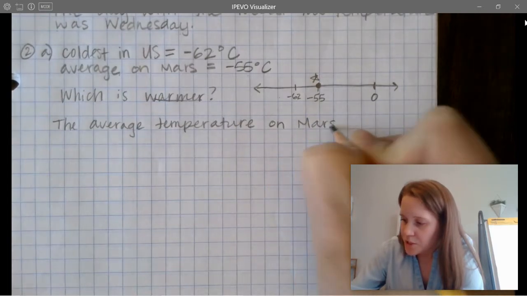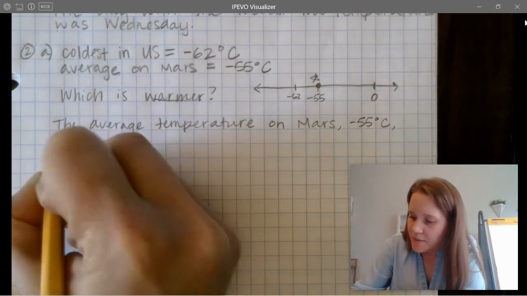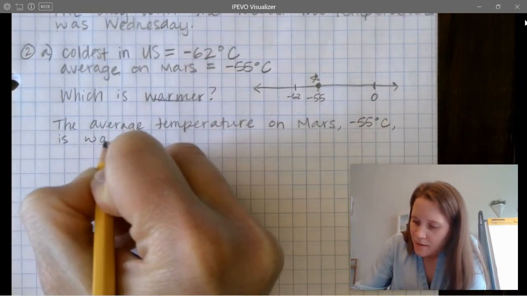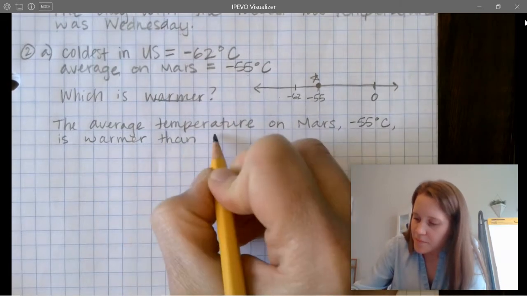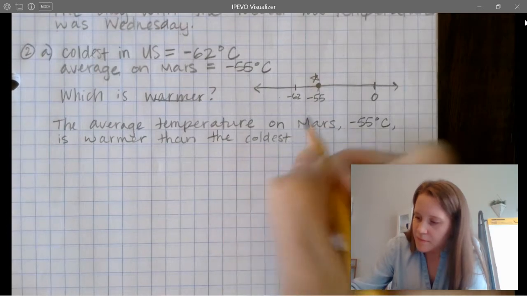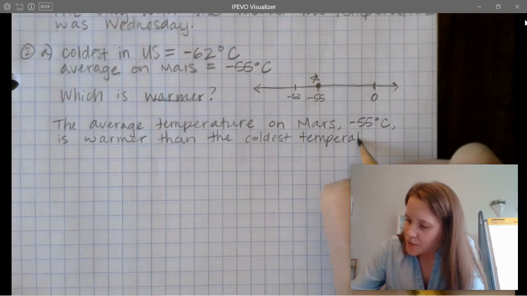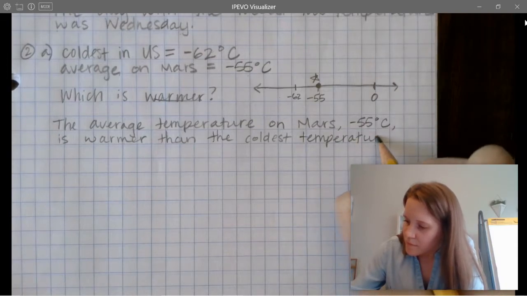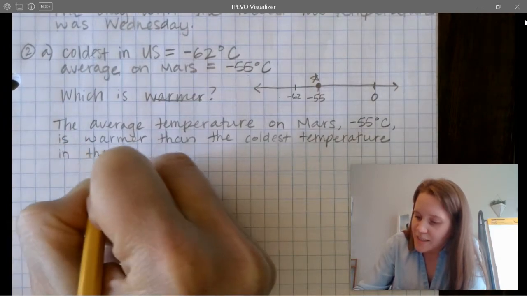The average temperature on Mars, negative 55 degrees Celsius, is warmer than the coldest temperature in the U.S.